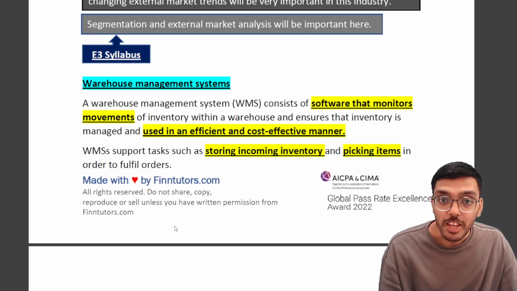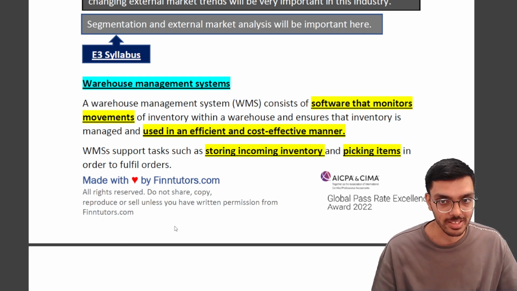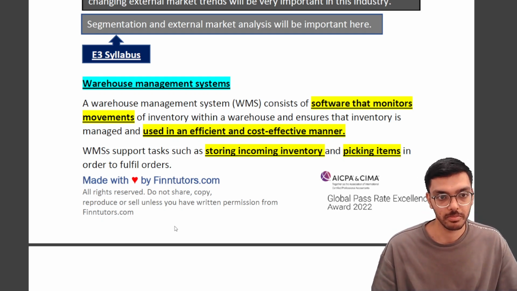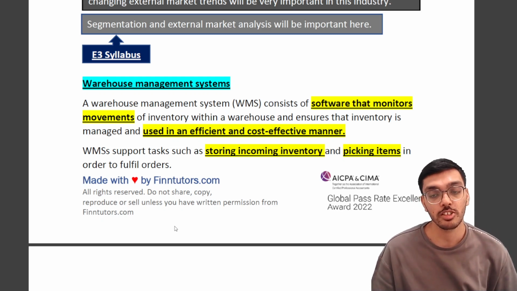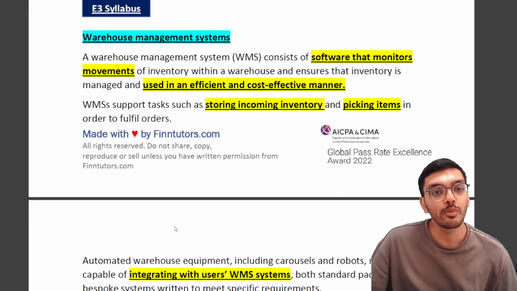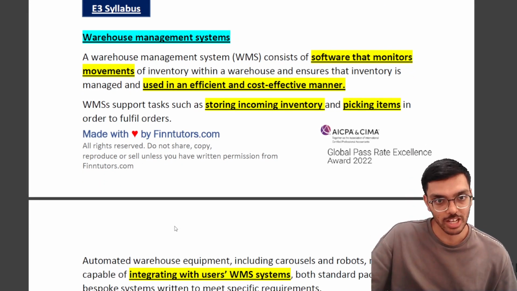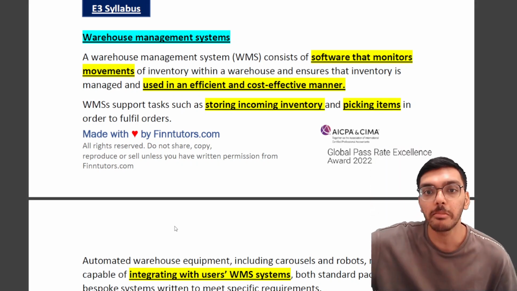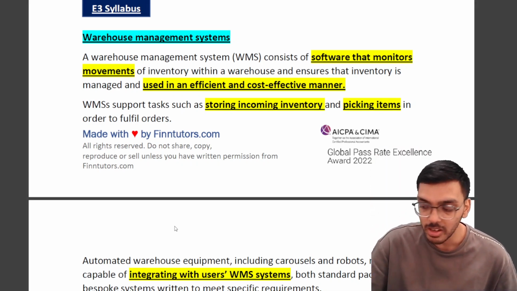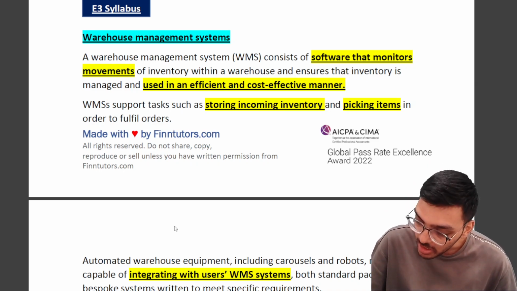So warehouse management system, WMS, is software. WMSs support tasks such as storing incoming inventory and picking items in order to fulfill the order. So naturally the human or the robot picks the item, but the software tells them which item is where and where it needs to be picked from.